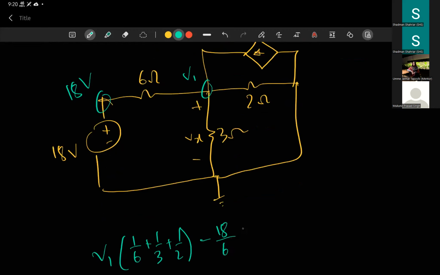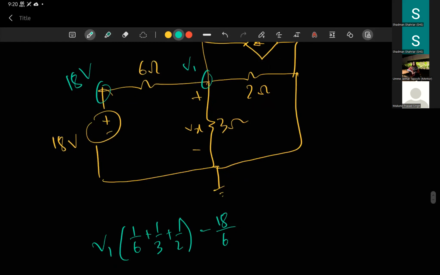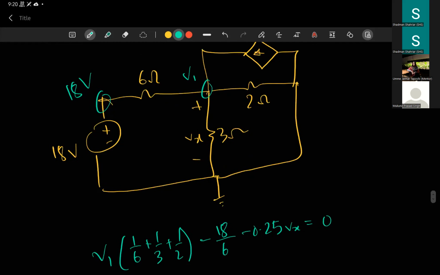And the other side of the two resistors is basically 0 volts, so I'm not going to write that 0/2 and minus 0/3. And you have a current source here, minus 0.25 Vx equals 0. And again, you can write Vx as V1 minus 0, as the positive terminal voltage is V1 and the negative terminal voltage is 0. So Vx is basically V1.